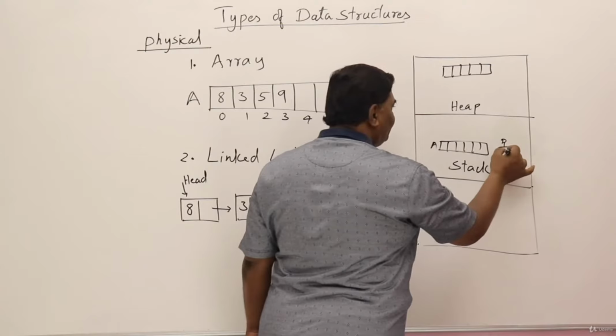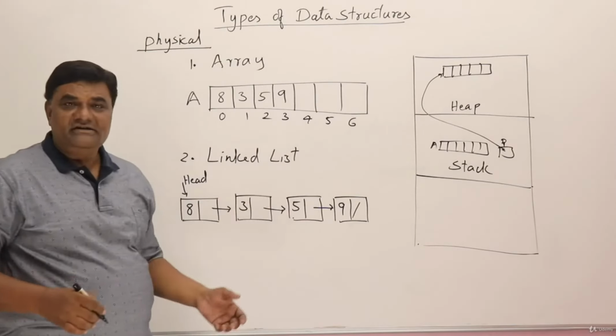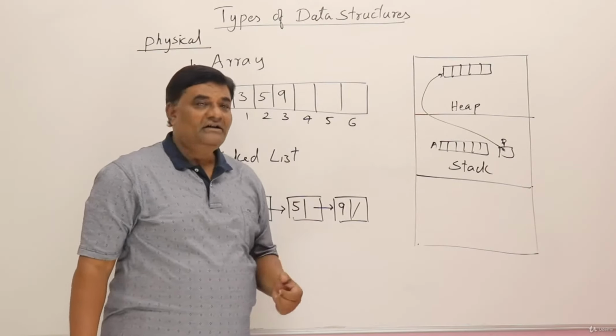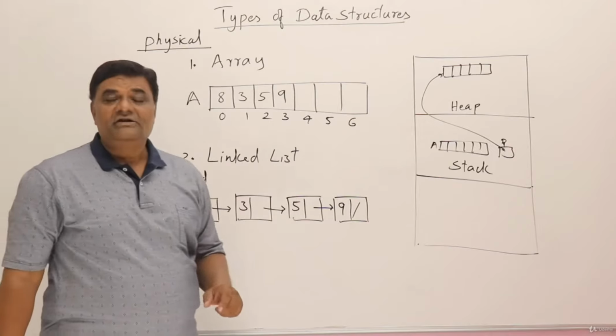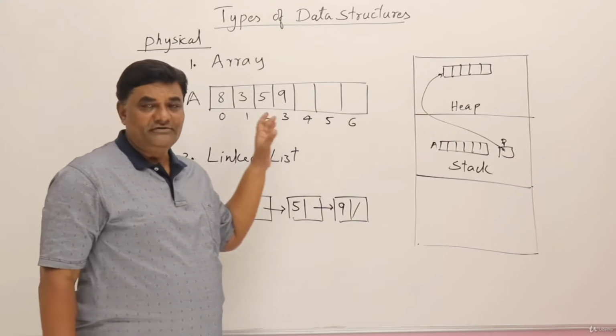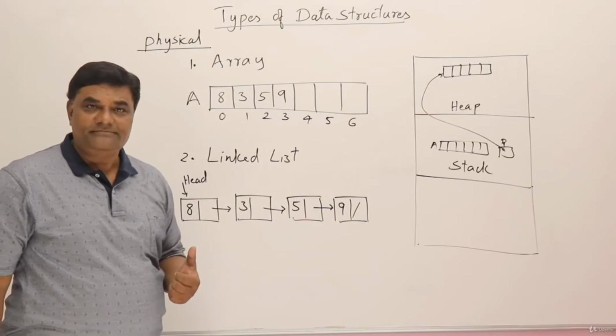We can have a pointer pointing to this array. So an array can be created either inside stack or inside heap. Anywhere it can be created. When to use this data structure? When you are sure what is the maximum number of elements that you are going to store. If you know the length of the list, then you can go for an array.